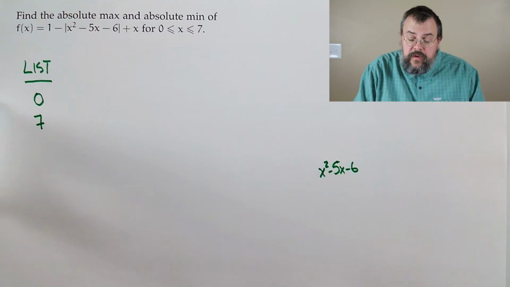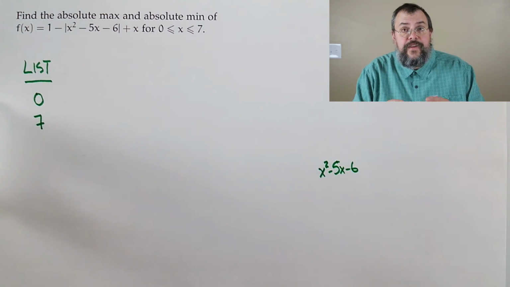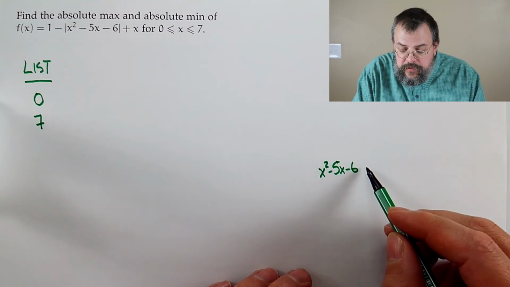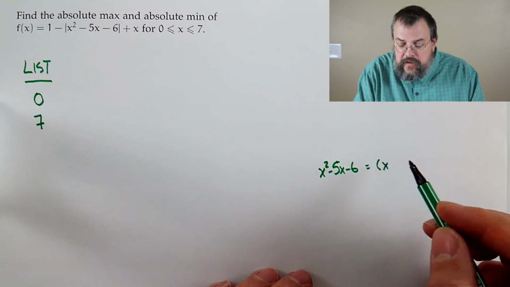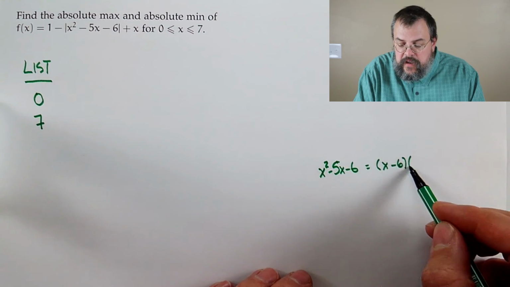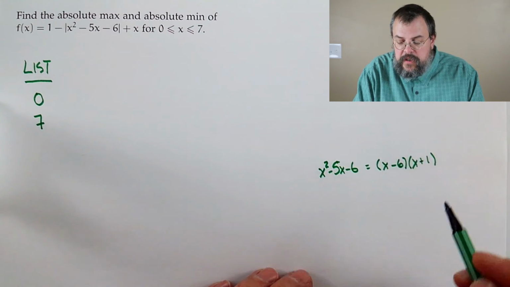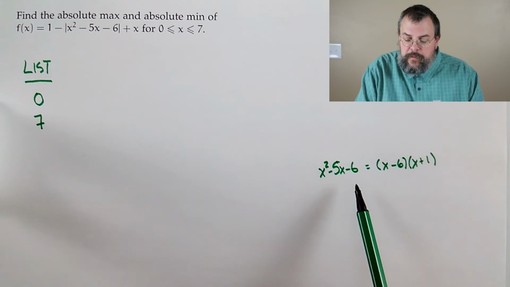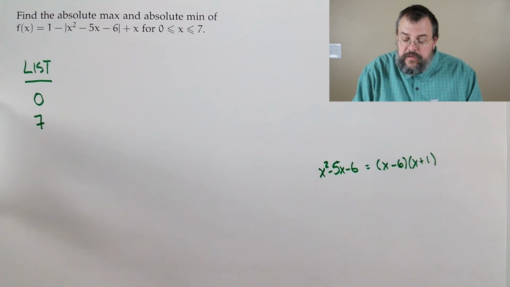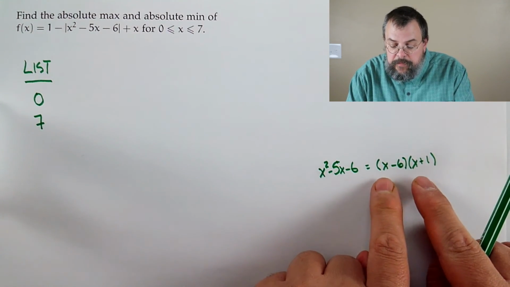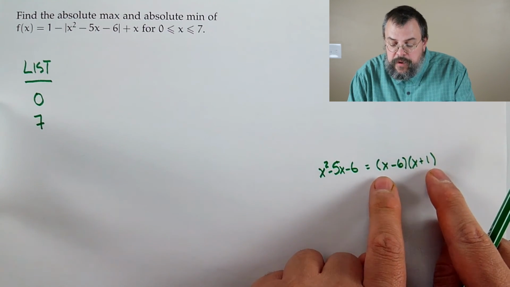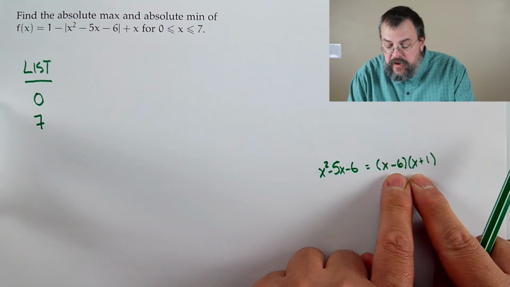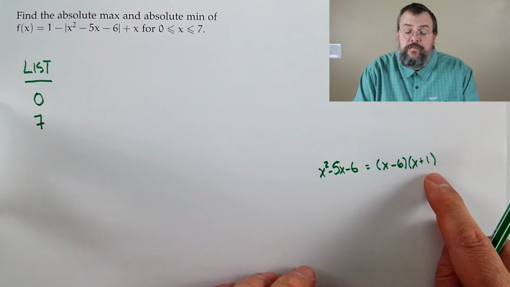Now, this function actually is kind of nice. It factors. This will factor as x minus 6 times x plus 1, because you want two things that multiply to negative 6 and add to negative 5. And if you're not certain, just carry it out, right? x squared, then plus x minus 6x, minus 5x, and minus 6.